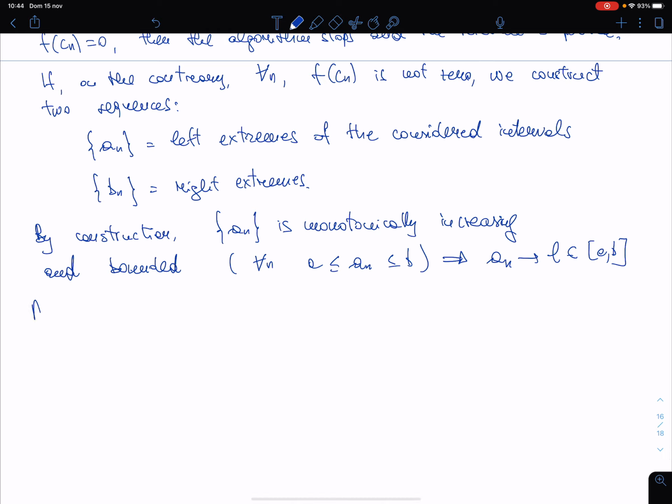In a completely analogous way, b_n is monotonically decreasing and bounded too.